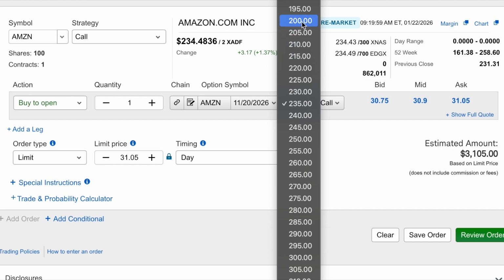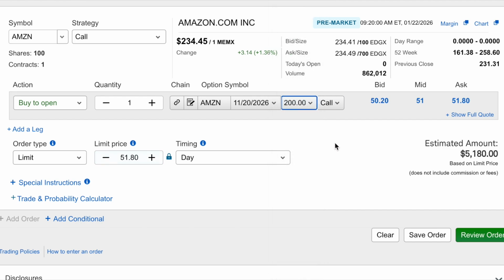So let's run through one more example to see if you are catching on to the value of the option. Let's say we lock in the price to buy Amazon at $200 a share up until November 20th, 2026. It's going to cost us $5,180. What is the intrinsic value of this option currently? It's $3,500. The intrinsic value, again, is dollar for dollar how much it is above the strike price.